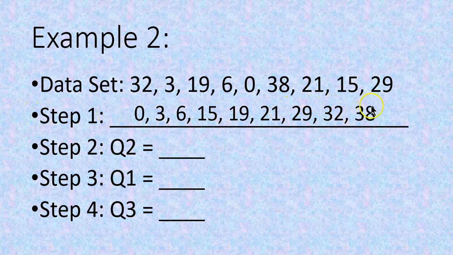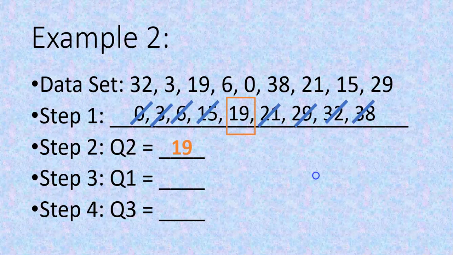Once we get that done, we can move on to step 2. We need to find our quartile 2, which is our median. So the next thing is we start crossing things off. Look at that. We have an odd number, so we get to have just one number in the middle. That means no extra math. Our quartile 2 is 19.